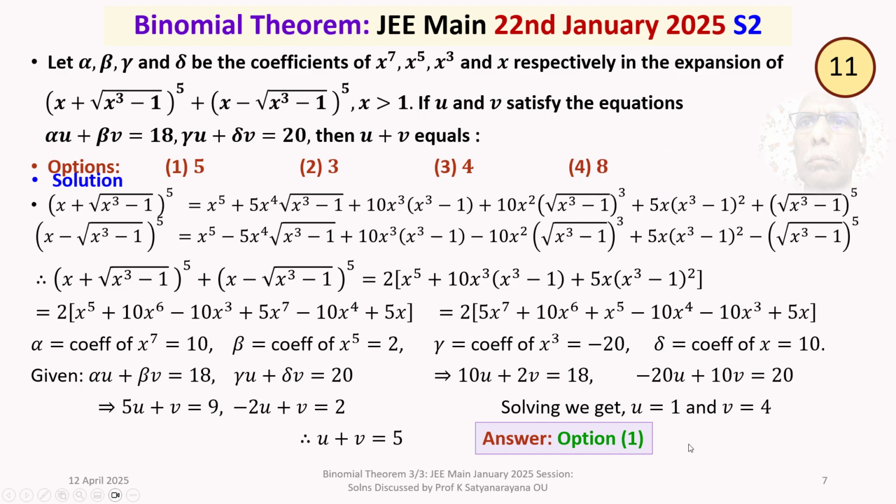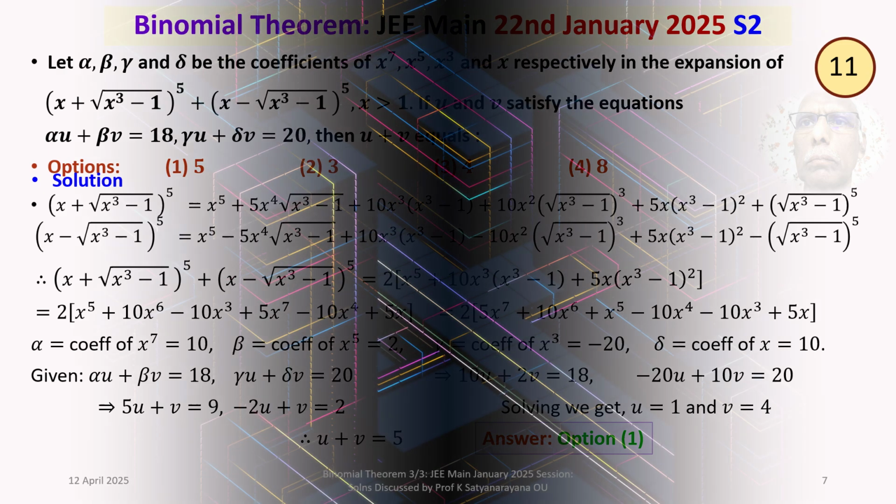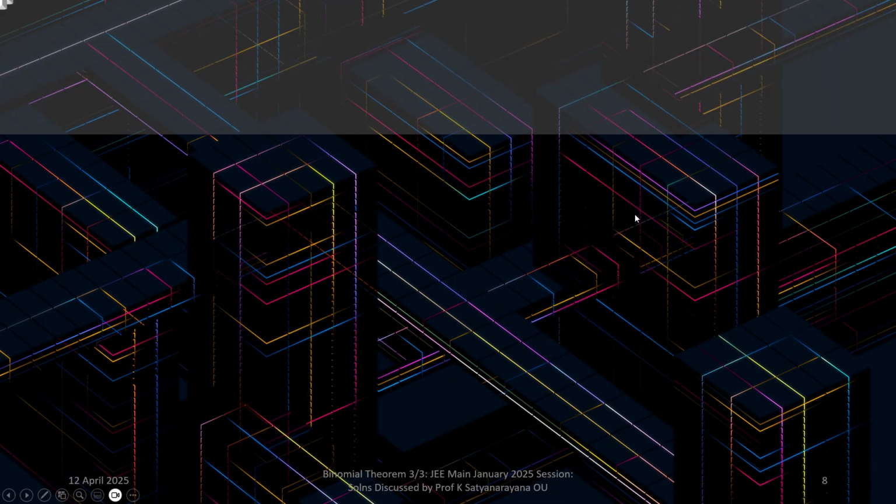There are 11 problems that have appeared in the January 2025 JEE Main examinations, and all these 11 problems we have worked out: 4 in the first one, 1 by 3, another 4 in 2 by 3, and in 3 by 3, the rest, that is 3 more problems. I am sure that you have understood the solutions of all these problems.